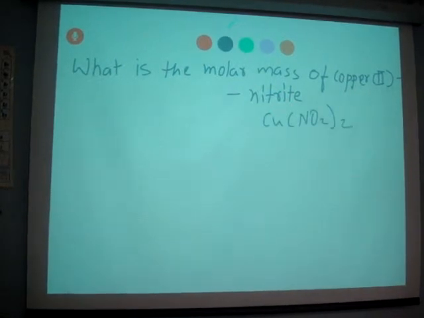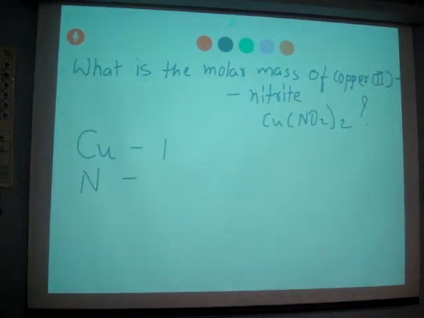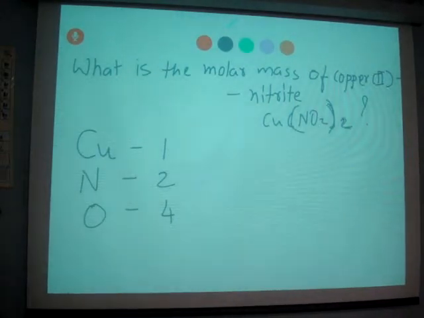Cu(NO2)2. Now we need to find out for this substance. So first, let's see in here, Cu is 1, N is 2, and O is 4. Remember, whatever the number outside, you need to multiply inside. So that's how we get that.